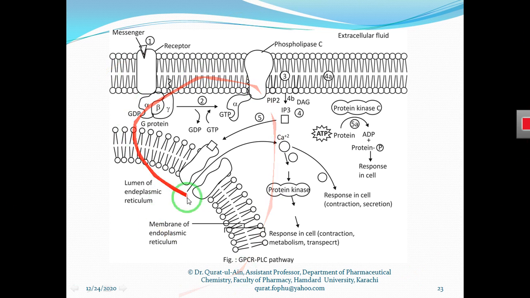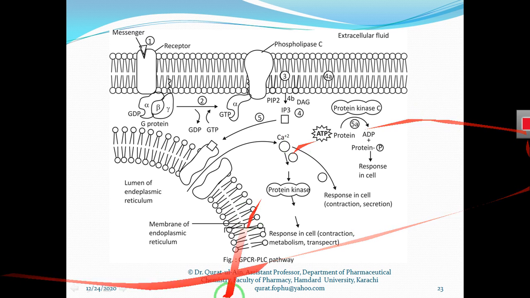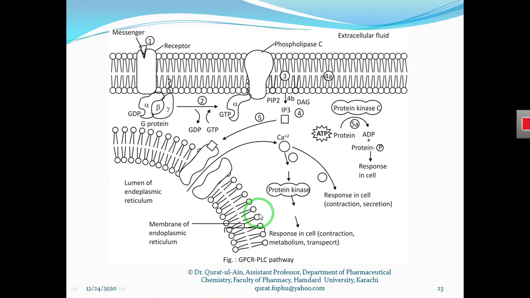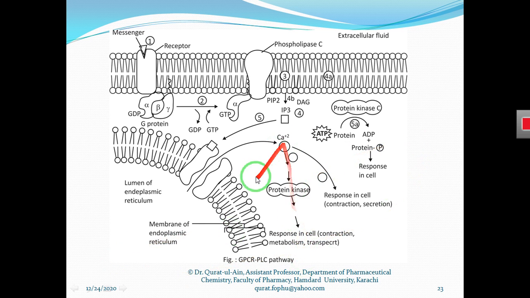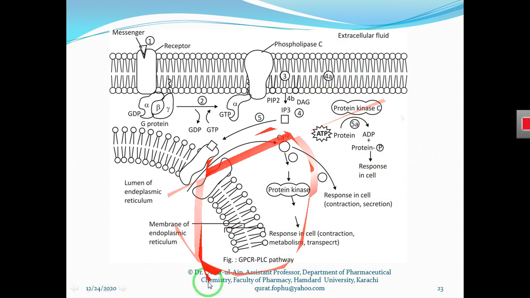So in this diagram, we have a metabolic pathway, a signal transduction pathway, and in this pathway we will understand how inositol, phosphoinositol, and calcium ion are involved in the regulation of these pathways.